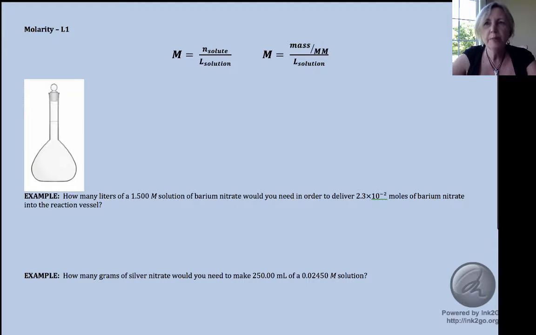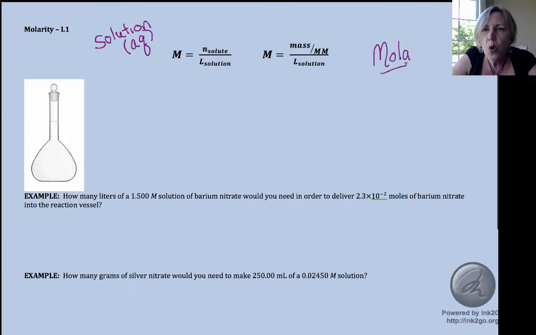Today we're going to apply the concept of the mole to a solution. Now, a solution in general is any homogeneous mixture, but we're going to be talking in particular about aqueous solutions. And the most common way to describe that mixture is via molarity.